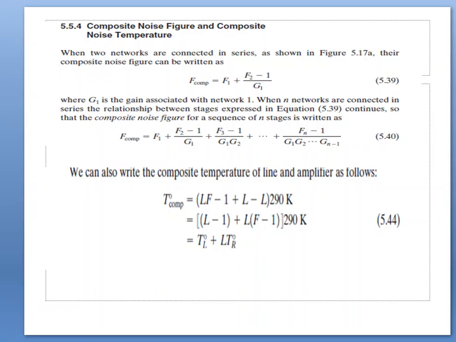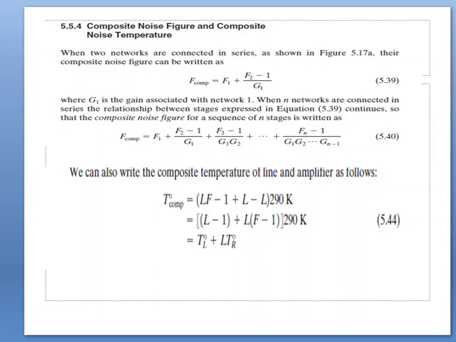And now we are moving to the next concept, that is composite noise figure and composite noise temperature. When two networks are connected in series, the composite noise figure can be expressed as F composite is equal to F1 plus (F2 minus 1) divided by G1, where G1 is the gain associated with network 1.